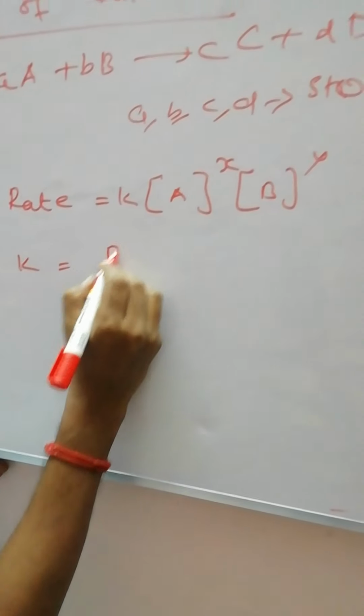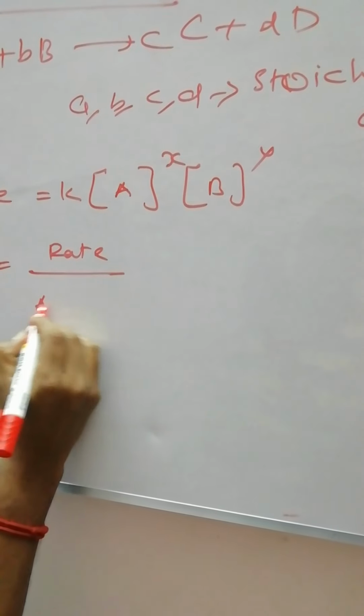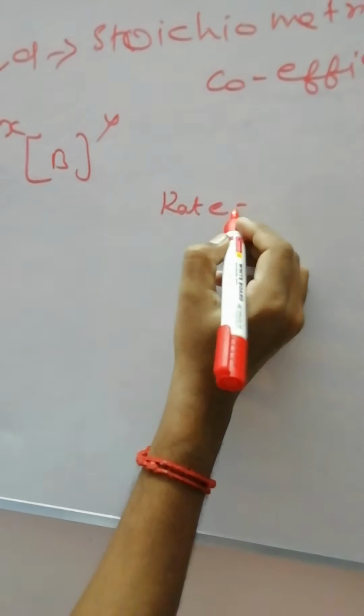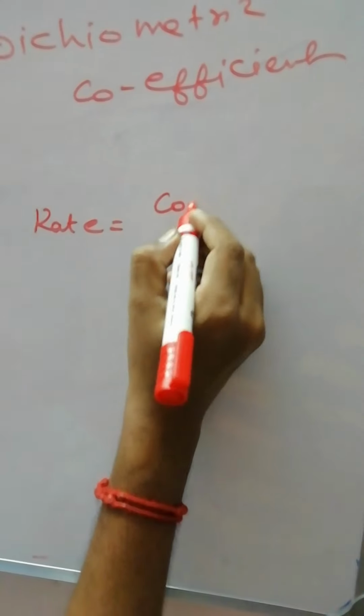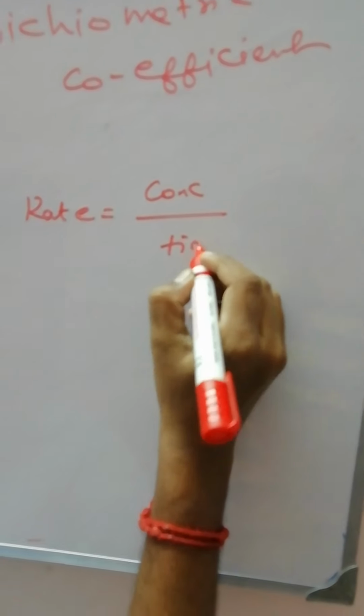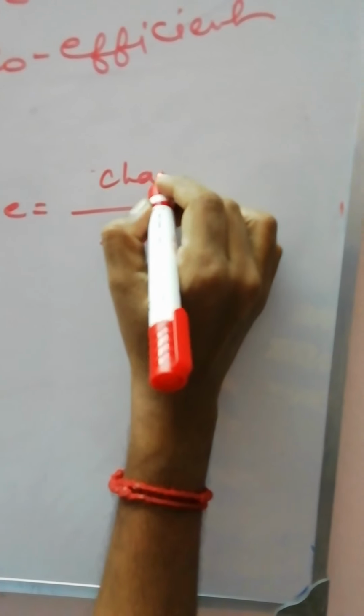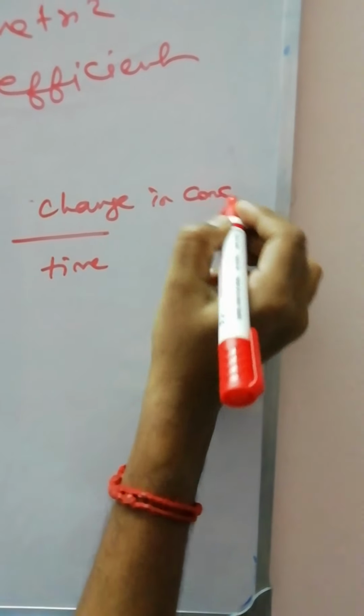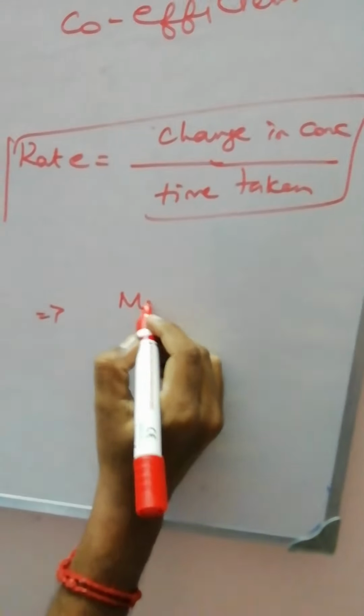Now we write k is equal to rate by A power x into B power y. What is the formula for rate? We already learned in the first class: rate equal to change in concentration by time taken. The unit of concentration is mole per liter, as in 11th standard, and time is second.